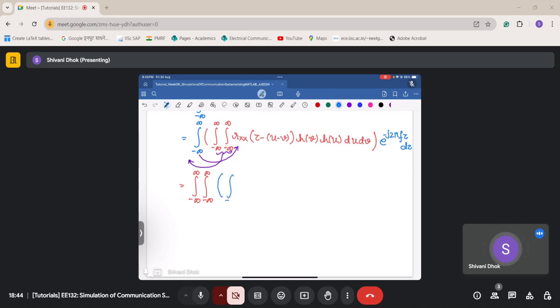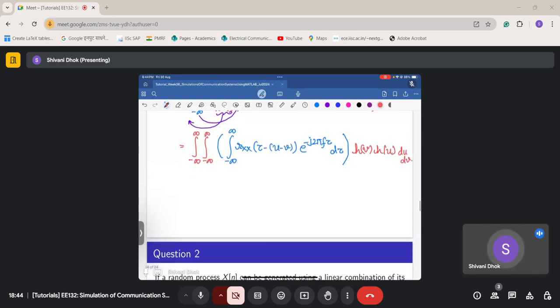Let's write it in this way: integral from minus infinity to infinity of Rxx of (tau minus u minus v), and let us take this part also, into e power minus j 2 pi f tau d tau. So all the functions of tau, we'll just bring at one place. And then we have h of v into h of u du dv. Okay, so we have this now.